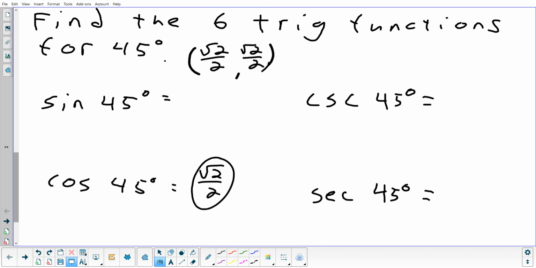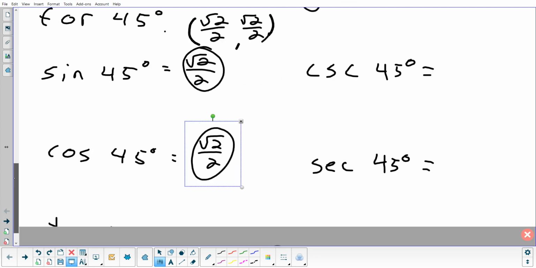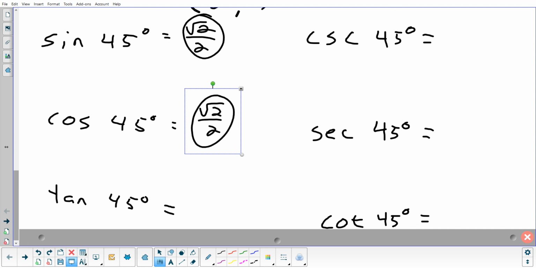So sine is the y value. I think in almost every problem on the test, the x and the y are not going to be the same. So if you mix them up, it will come out. But here, you get one. So sine is the y, cosine is the x, and how do I find my tangent?